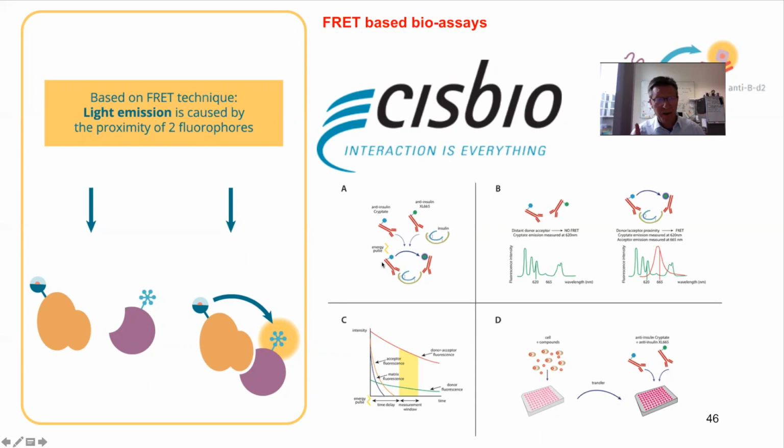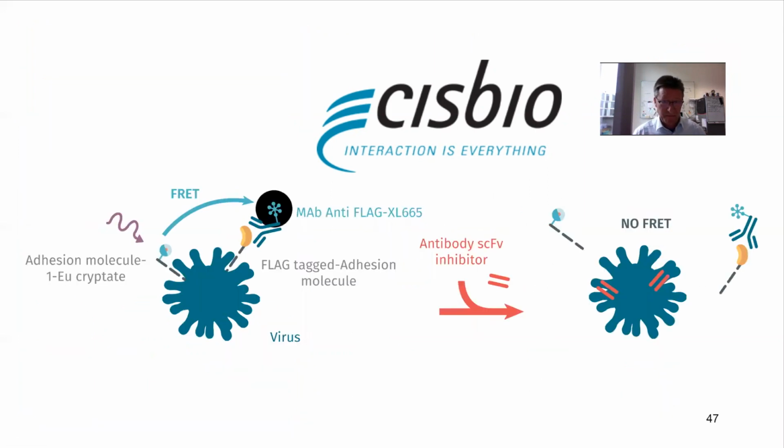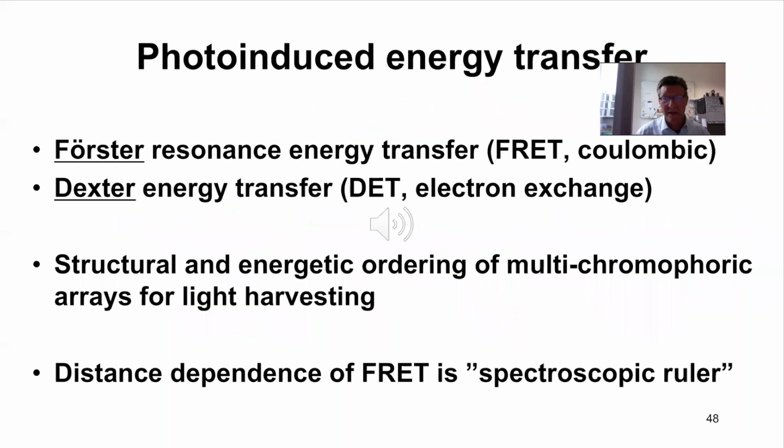People are making money with the theory of Förster. They can even do it on virus particles. So here we see that an inhibitor can take away the FRET interaction between biomolecules that associate on the virus. Förster theory is really applied in assays.